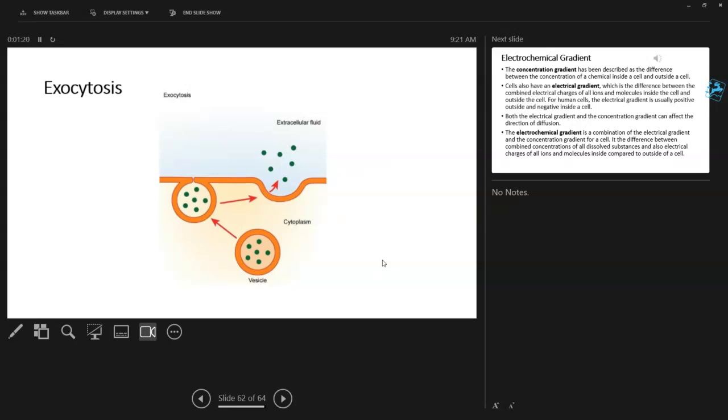So cells in salivary glands would make the saliva, put it in the vesicles, and then release it into the oral cavity, the inside of the mouth. Same thing with sweat glands, earwax glands, hormone glands. This is also called secretion, when a gland cell makes something and releases it by exocytosis.